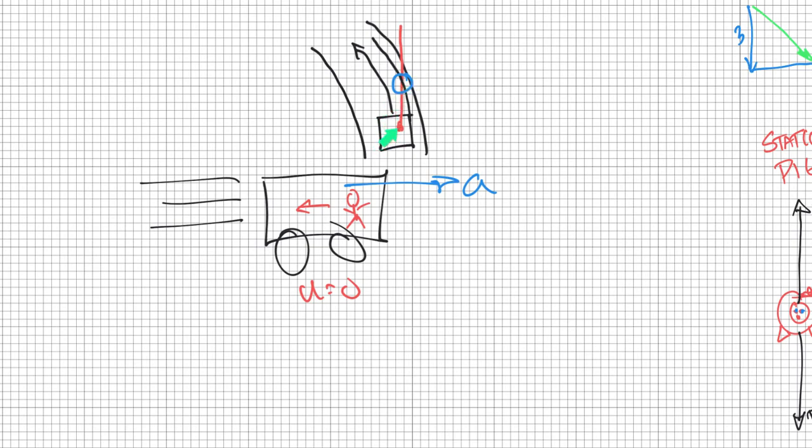But instead, it's just my body desiring to go in a straight line and the car moving. And then the car is actually going to be pushing towards the center of my circle, okay? And so I'm going to be accelerating in that same direction towards the center, even though it feels like my body is getting pushed out.